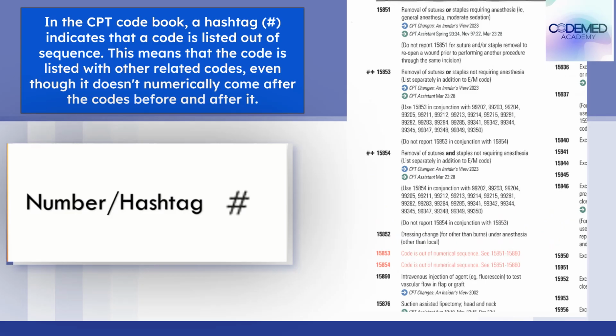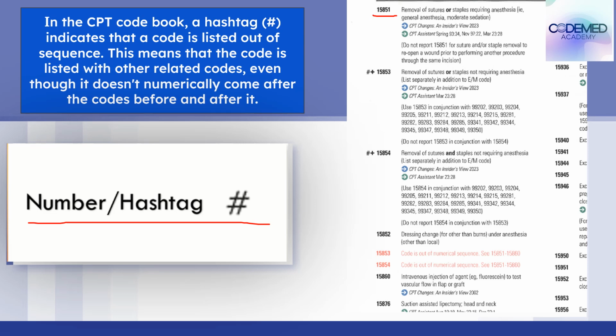So let us start with the first sign, that is a number and a hashtag. In the CPT code book, a hashtag indicates that the code is listed out of numerical sequence. Now, as I told you, the CPT code book is arranged in numerical sequence. So here we have the code 15851.